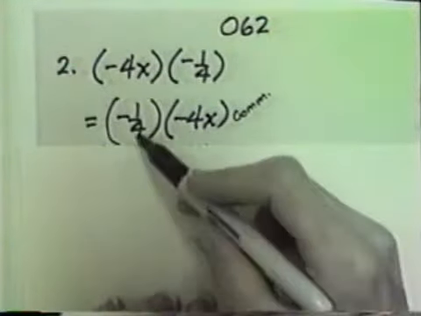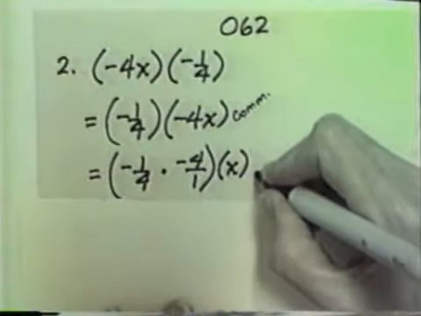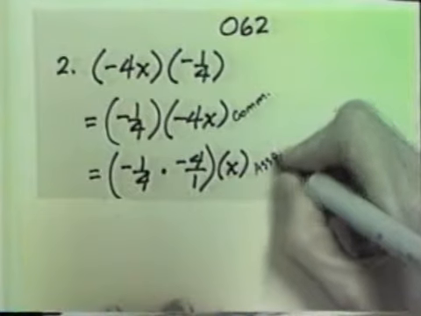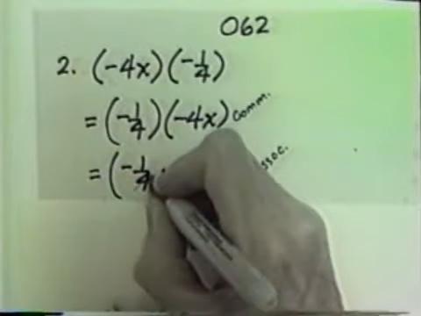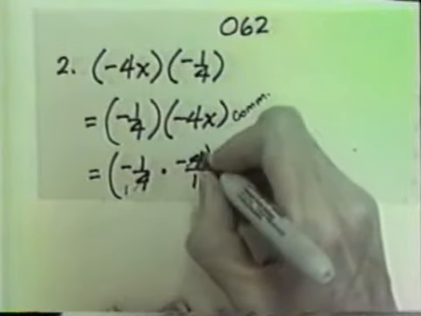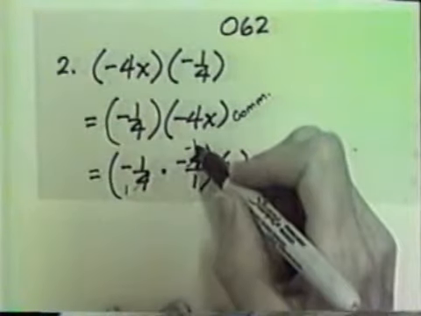Then we can rearrange things so that the -1/4 is multiplied times the -4. With the x left outside, that means we've changed the grouping. The grouping rule is the associative rule. The associative property allows us to change the grouping. And then 4 goes into 4 one time, 4 goes into -4 one time, and -1 times -1 is 1.